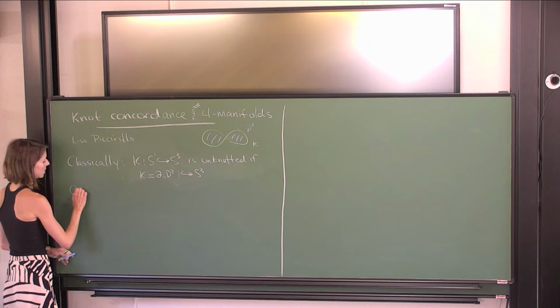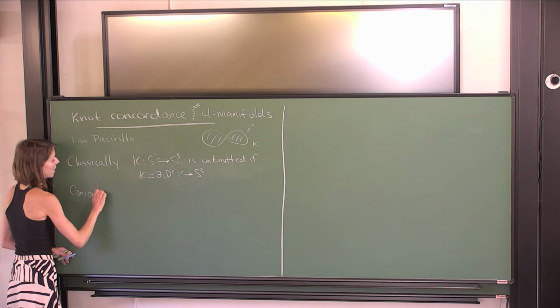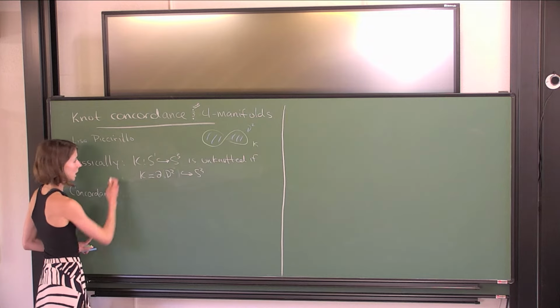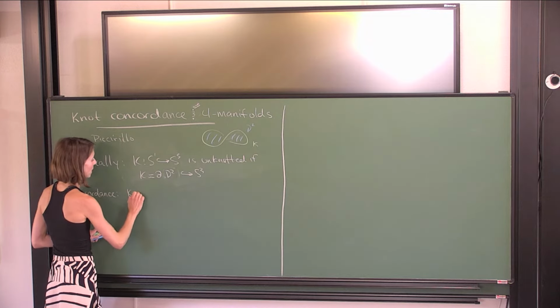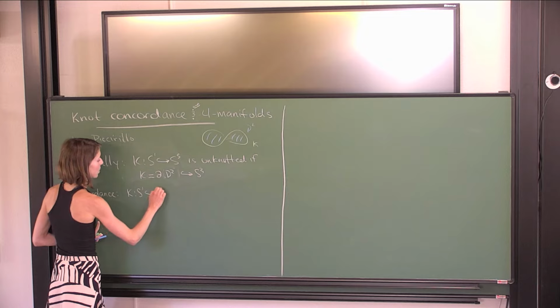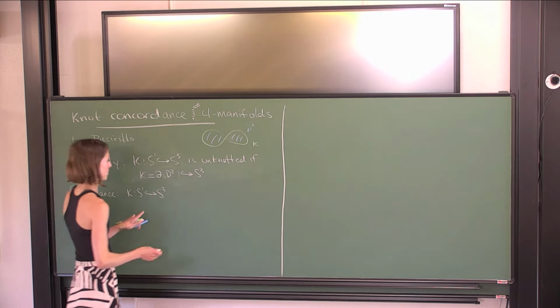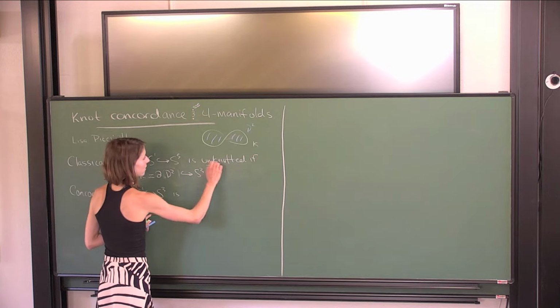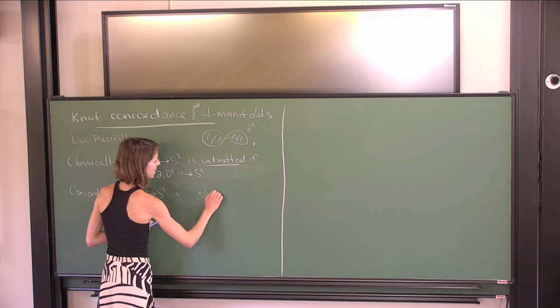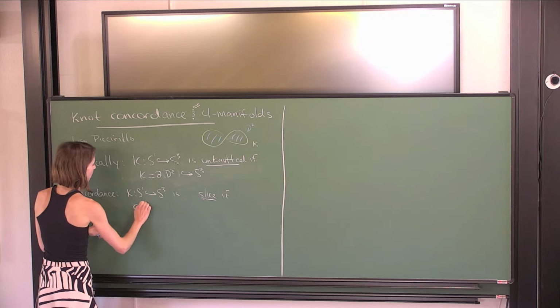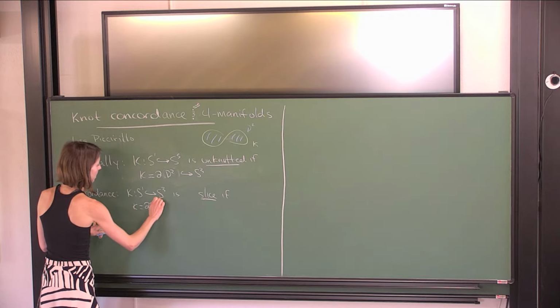Knot concordance is really born out of just mildly weakening this definition. So in knot concordance, our knots are still the exact same object. They're still S1s embedded in S3, which you just think about as 3-space. We're going to say that they're trivial, or slice, if the knot is the boundary of a disk.